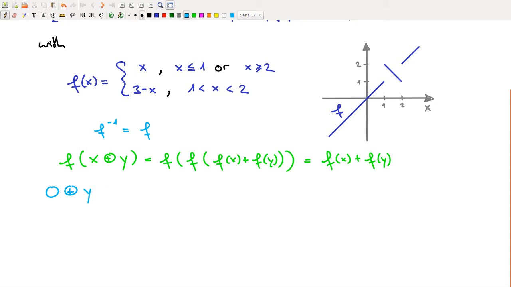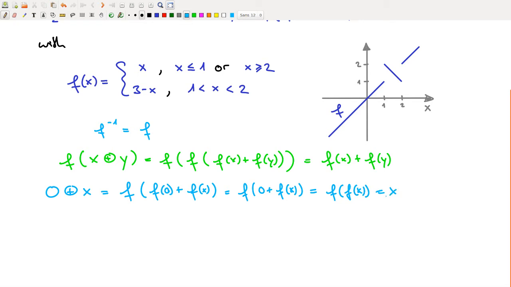The number 0 is the identity in G2. Because what would we have to check? So we have to look at f of 0 plus f of x, but f of 0 is 0. So we have f of x, which is just x.